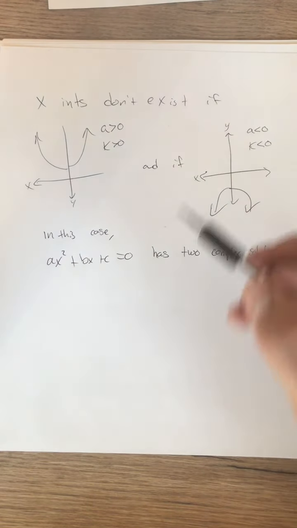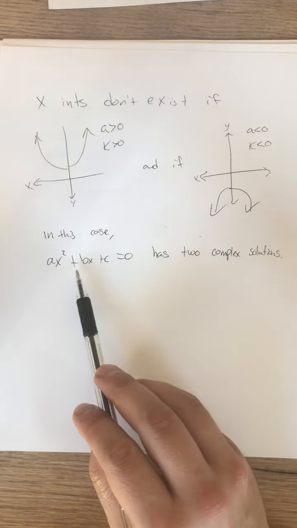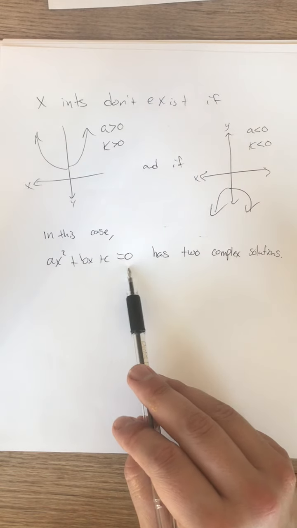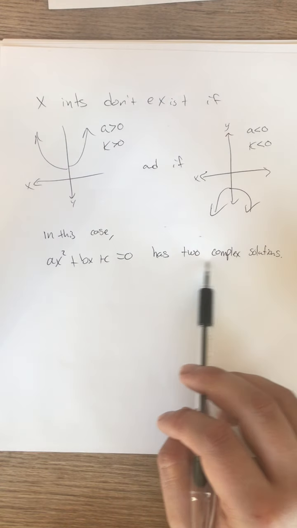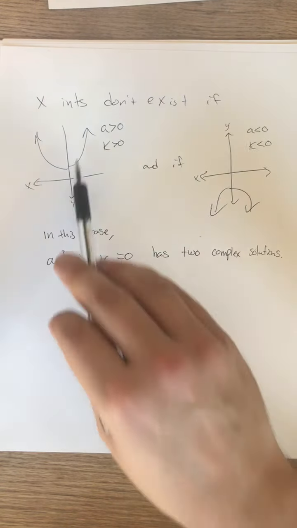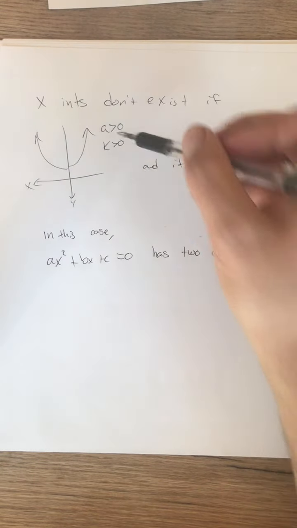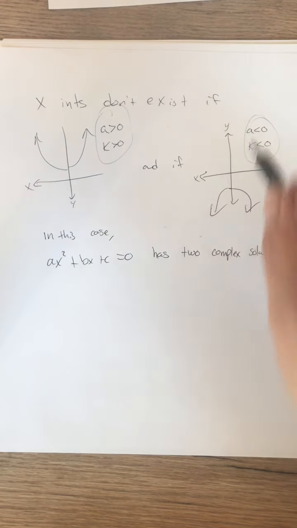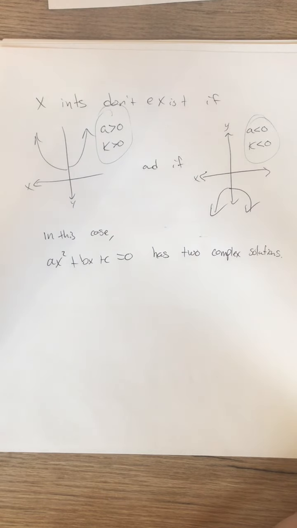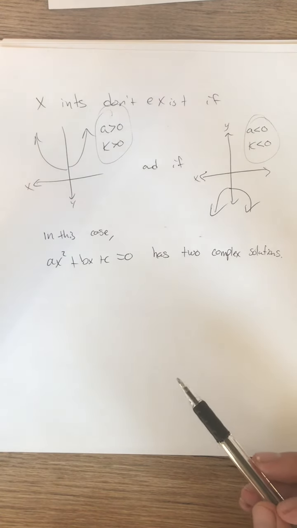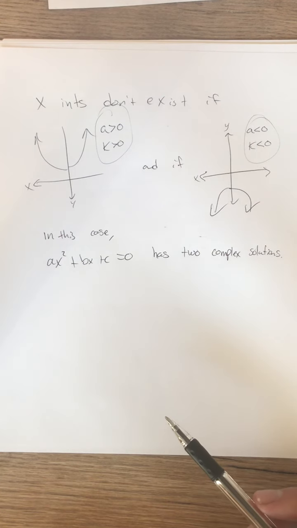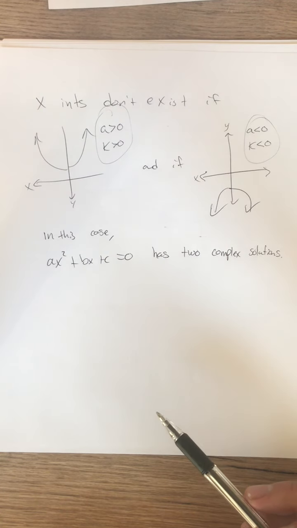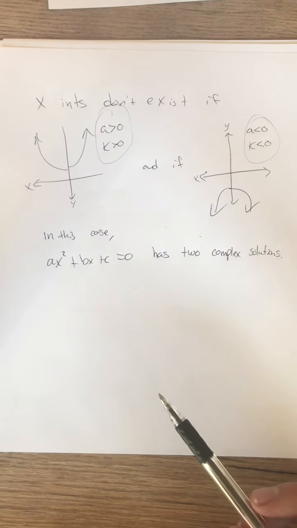So both of these would result in, when you went to find the x-intercepts by setting the function equal to 0, you would end up with the imaginary unit in your answer. And if you didn't already know from checking the leading coefficient and checking the y-coordinate of the vertex, that would be your clue that x-intercepts do not exist for that quadratic function.